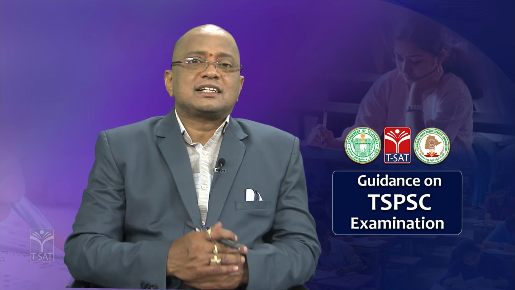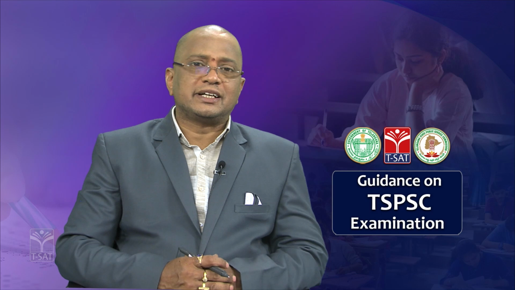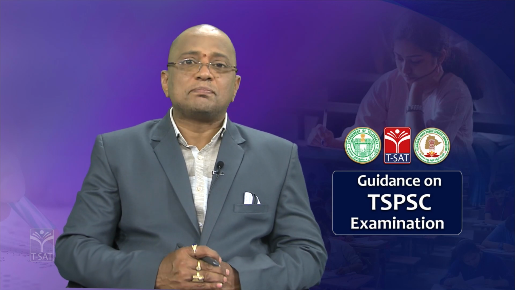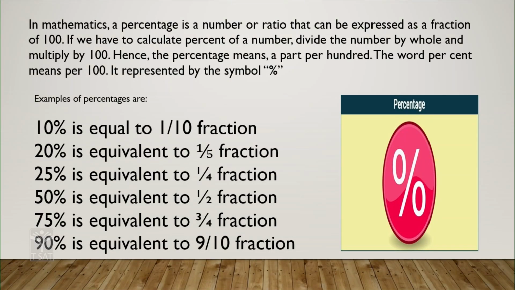So let us discuss concept-wise. The first one is percentages. As you know, in mathematics a percentage is a number or ratio that can be expressed as a fraction of 100. If we have to calculate a percent of a number, divide the number by the whole and multiply by 100.